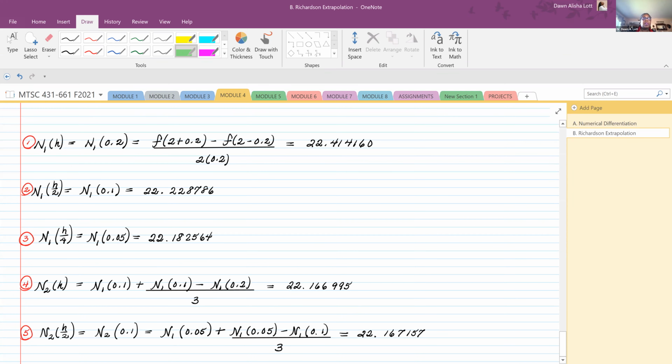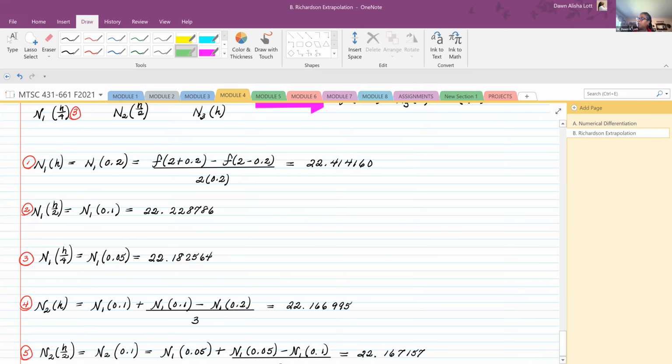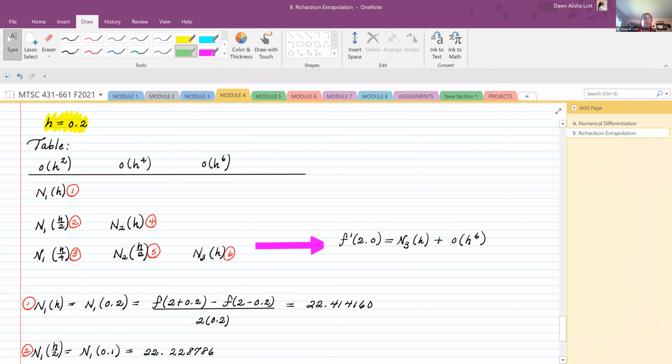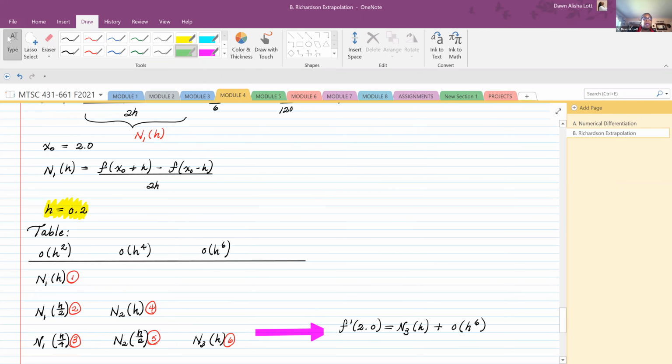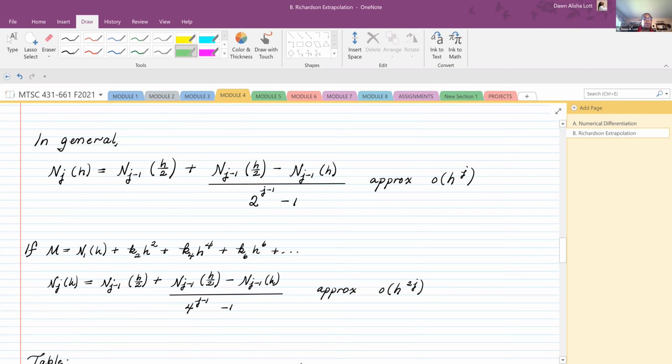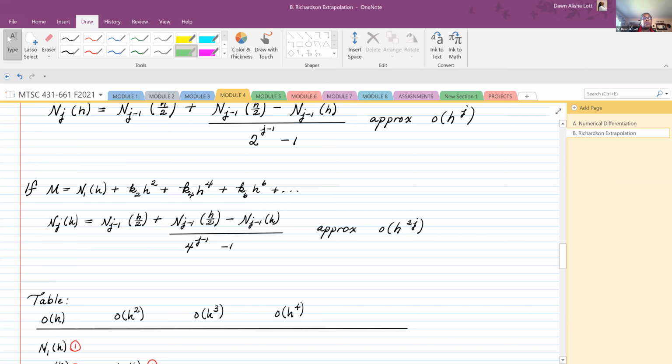All right, so now to get our last value, if you notice, we're using this formula. So here at the N3, right here, I'm going to use 4 to the 3 minus 1 because they skip by 2's. So since I know it skips by 2's, I'm using the second formula.